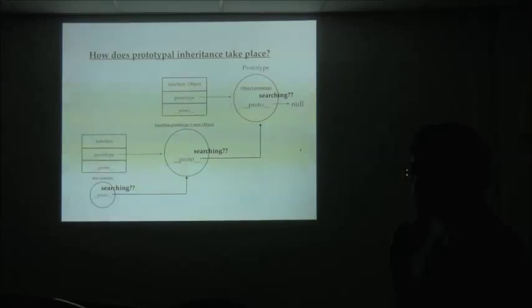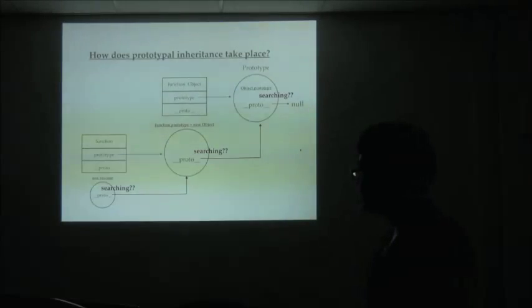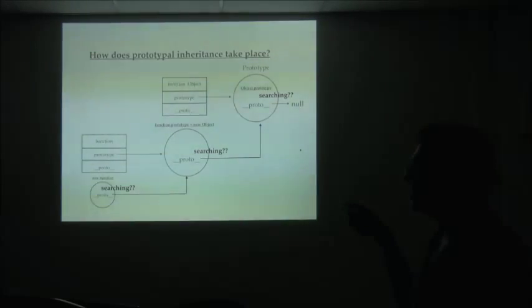But here the pointer actually moves upwards, and if it can't find the property in the instance, it searches the prototype chain, it turns to its proto property, and it travels up until it reaches the prototype object. And if it can't find the property in that prototype object, it's going to keep traveling up until it reaches the very top. And if it can't find what it's looking for in the object or prototype, then it's not there. You get returned undefined.